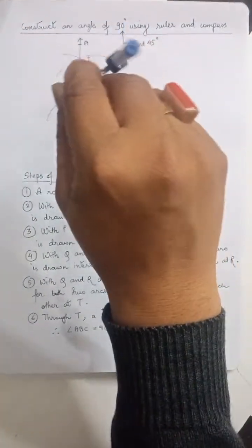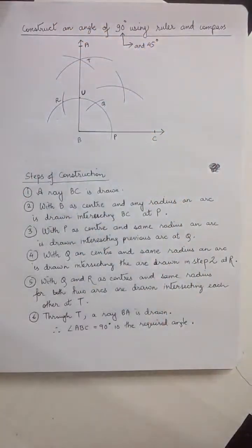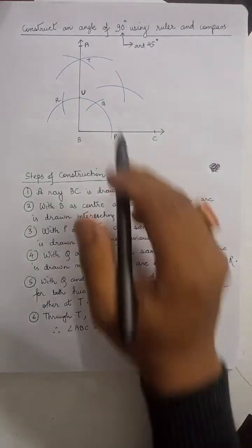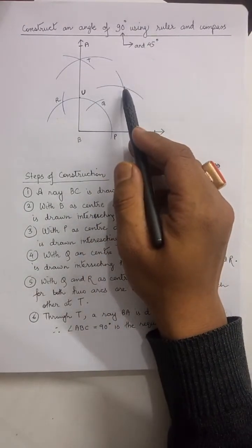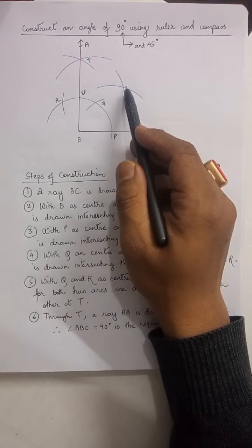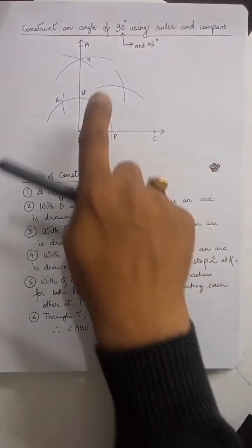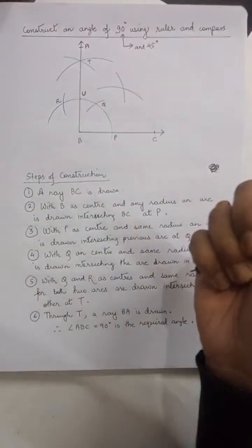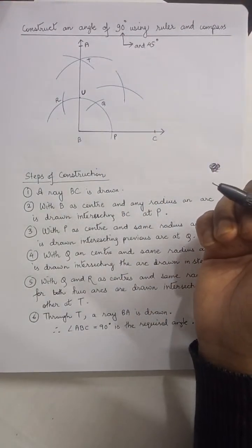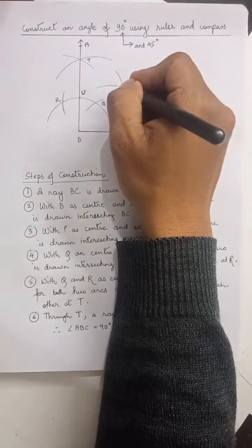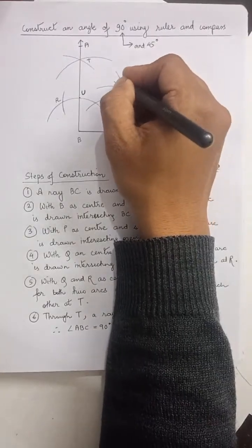And I am not changing the adjustment. So these two arcs, let me name the intersecting point as, P, Q, R. Where is S? Did I write S anywhere? No. So let me mark this V.